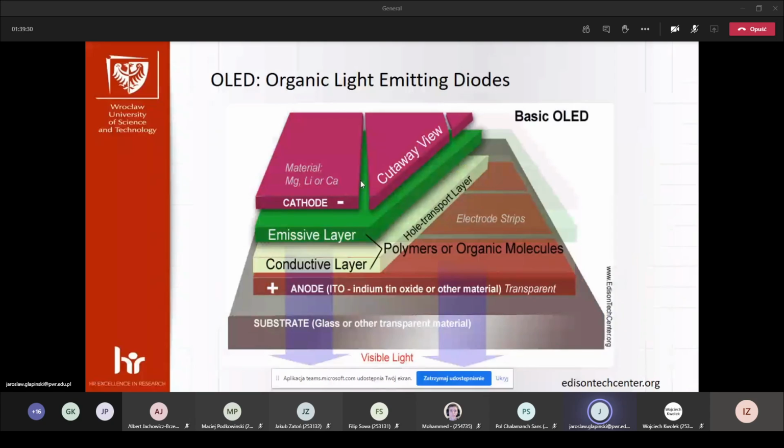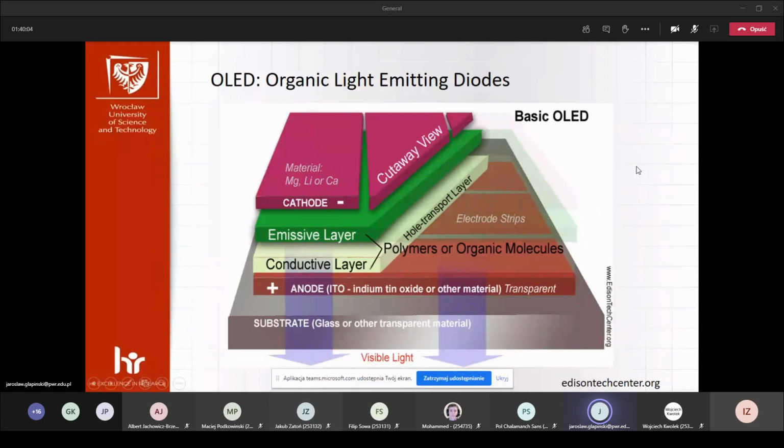We have a special emission layer, special substances, organic elements like polymers, and elements that conduct the electricity, and in this way we can have the light emission.